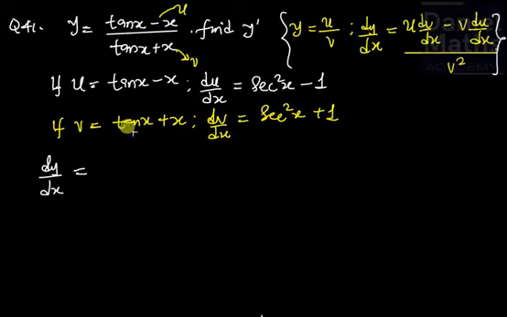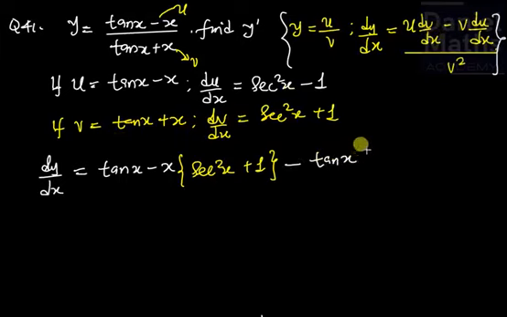My u is tan x minus x, and my dv dx is sec square x plus 1, and then I have minus, and v is equal to tan x plus x, and I have this into my du dx, which is sec square x minus 1.